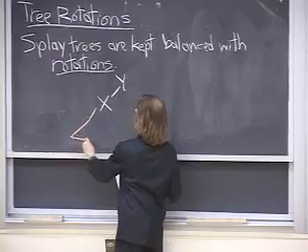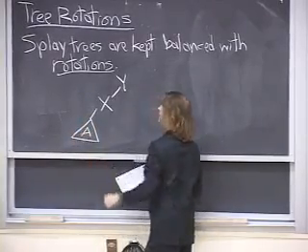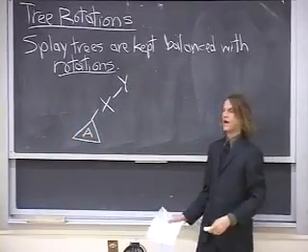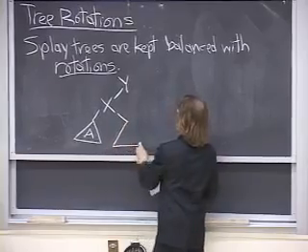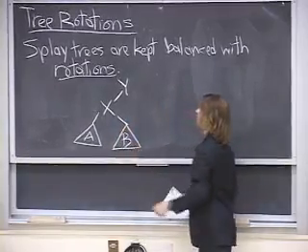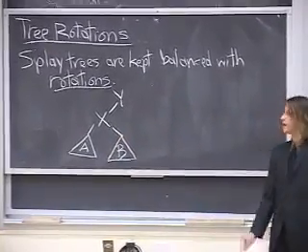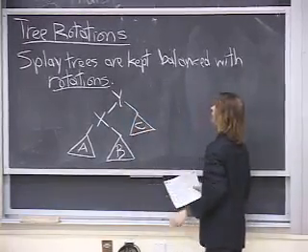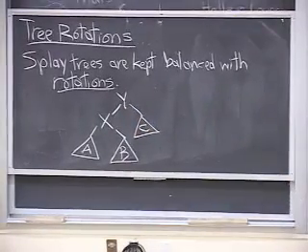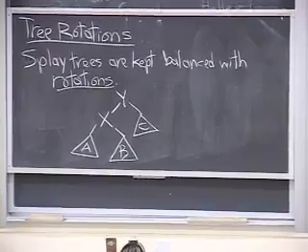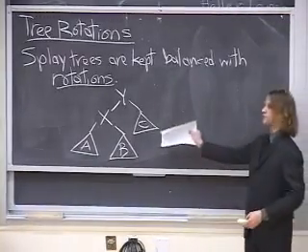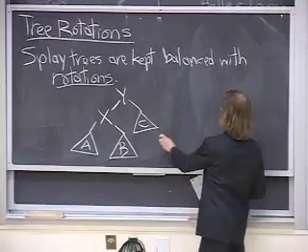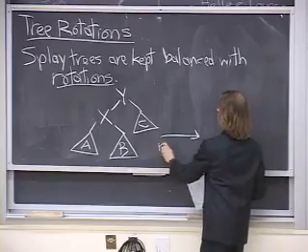So here's a subtree A of keys that are less than or equal to x, and here's a subtree B full of keys that are between x and y. And here's a subtree C of keys that are greater than or equal to y. Well, you can do a rotation to the right, which makes x the root of this subtree. And that looks like this.